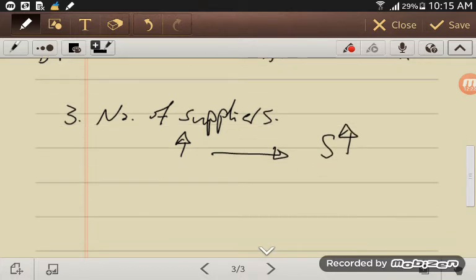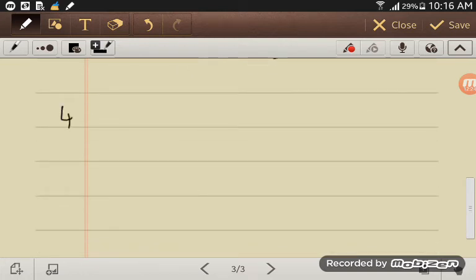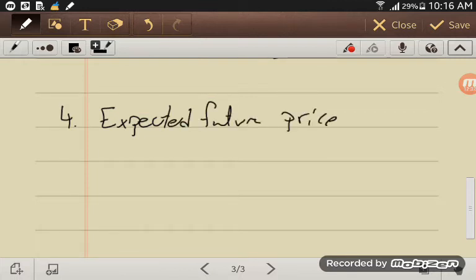Factor number 4, expected future prices. Now you are the producer of the commodity, and you know that prices are going to increase after Eid.